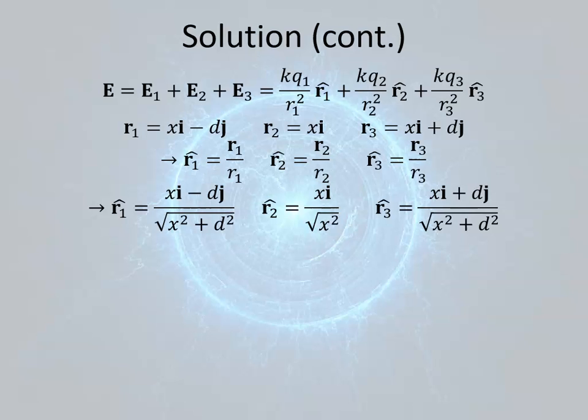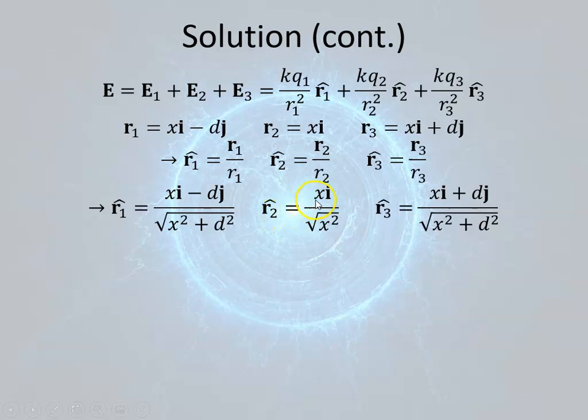Now, you might wonder, shouldn't R2 hat just be i? Well, here's where we have to be real careful. The problem said, find the electric field anywhere along the x-axis. That means we could have negative values on the x-axis. So in that case, by plugging in my R2, I didn't just plug in x, I plugged in the square root of x squared, or you could just call that the absolute value of x, but calculators are more friendly with square roots, so that's why I did that.